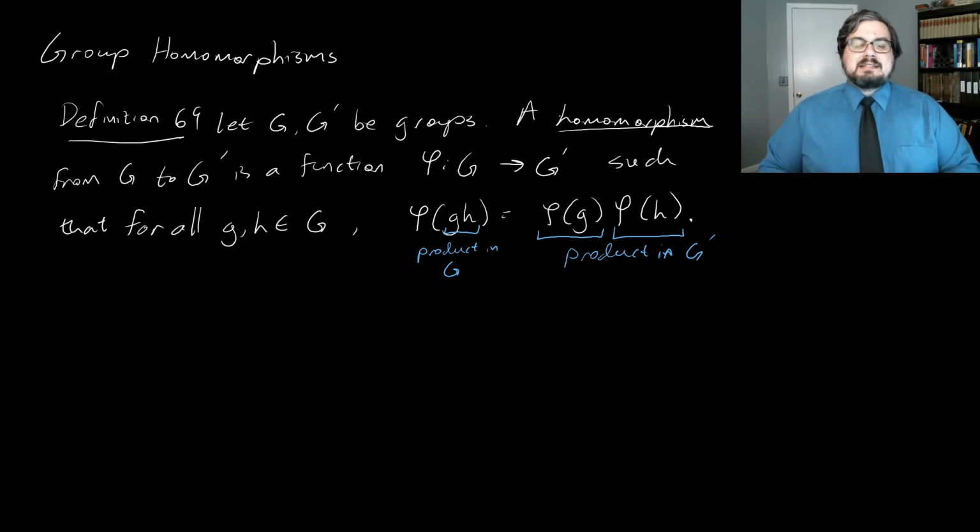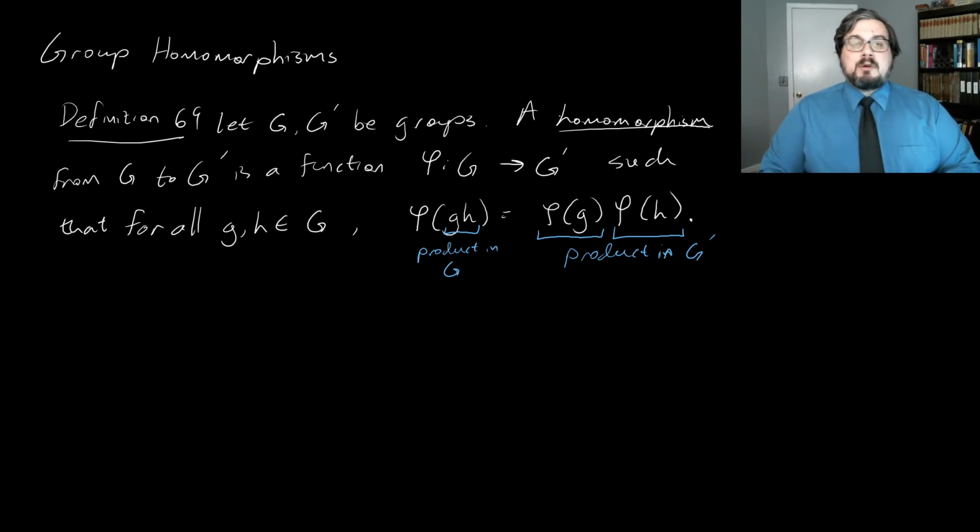But what it's saying is that if I take two objects and I'm going to operate on them, and I'm going to apply the function phi to them, it doesn't matter what order I do them in. If I multiply them and then apply phi, I get exactly the same result as if I apply phi to both of them and then multiply them. A homomorphism from G to G prime is a function which respects the group structure on both the domain and the codomain.